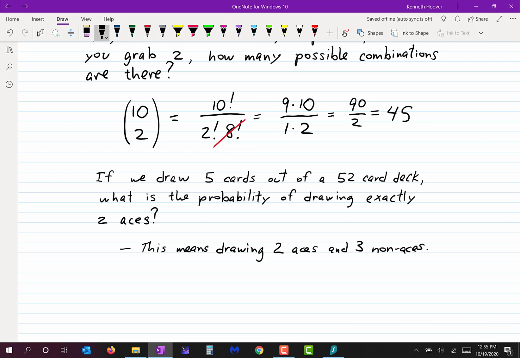Now remember, to calculate basic probabilities, you divide how many ways it can happen by how many total possibilities there are. For instance, when flipping a coin, the probability of getting heads is a half, because there's 1 heads and there are 2 sides of the coin. So the probability is 1 over 2. If you're rolling a die and you ask, what's the probability of rolling a prime number?